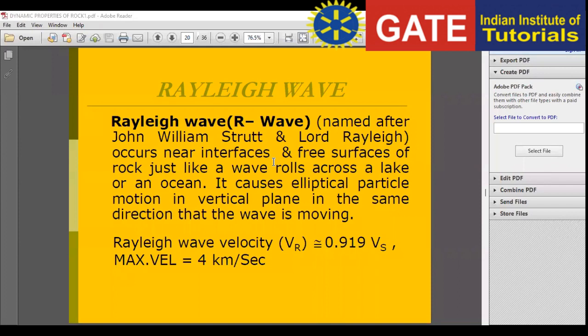So basically it occurs near the free surface of the rock, and it causes elliptical particle motion in a vertical plane, in the same direction that the wave is moving. So basically this Rayleigh wave causes the particles to move in the vertical plane in an elliptical motion in the same direction that the wave is moving.